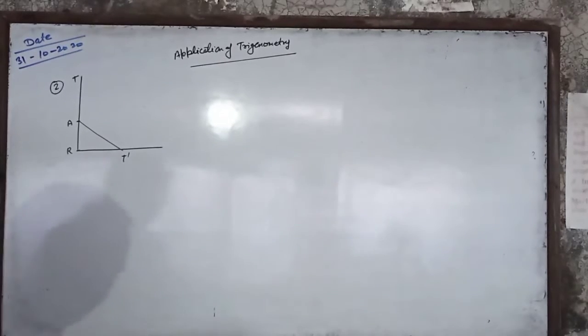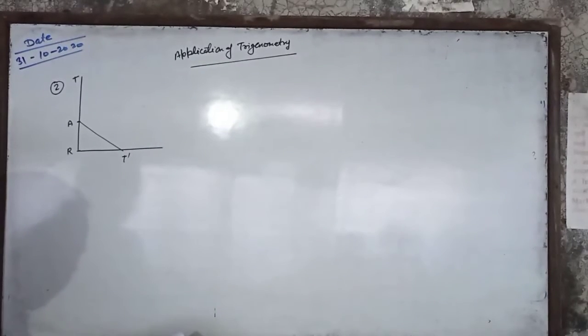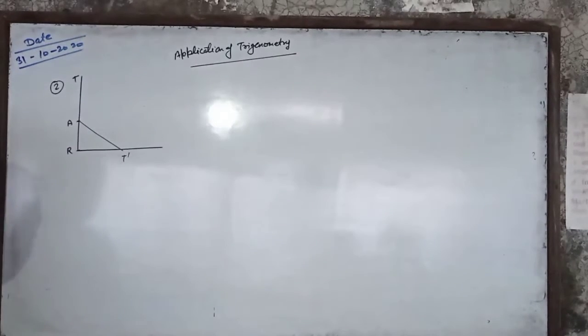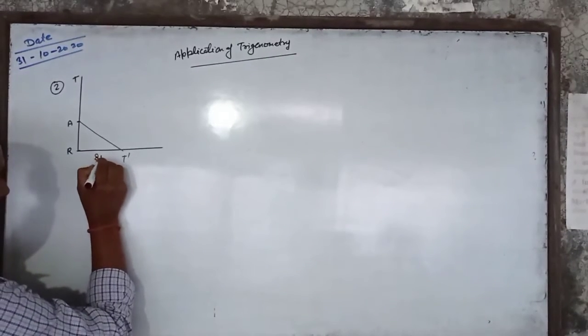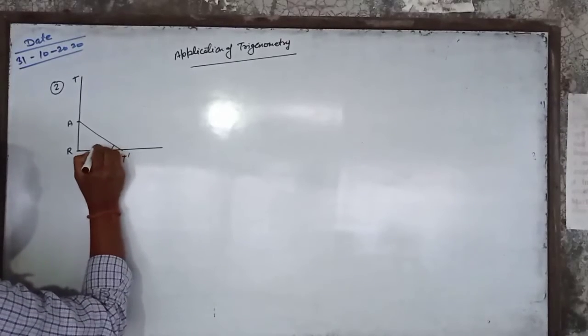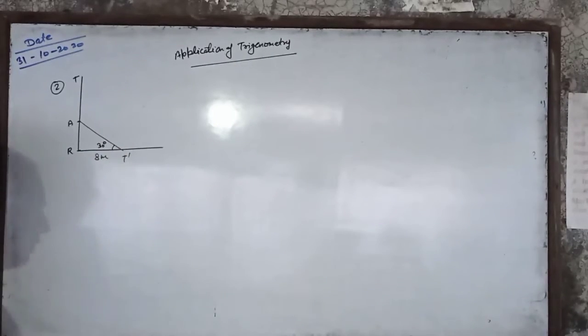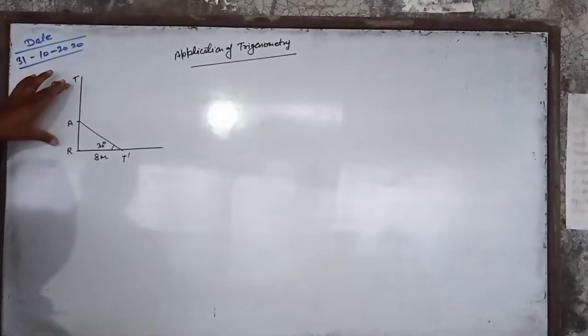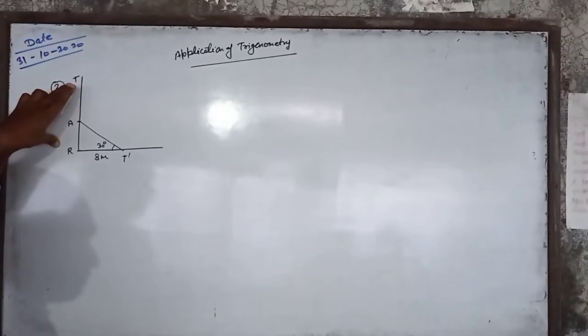It is saying that the distance between the foot of the tree and the point where the top touches the ground is 8 meter, making the angle of 30 degree. Okay, it means according to the question TR is a tree.